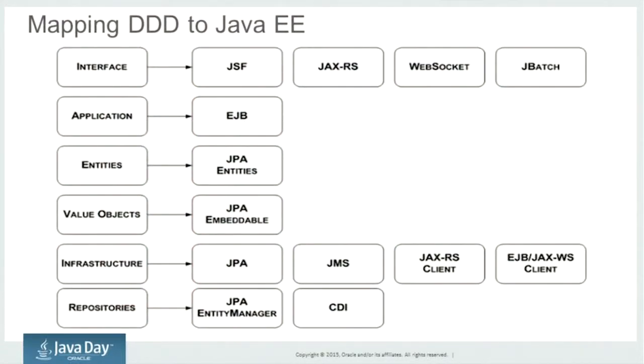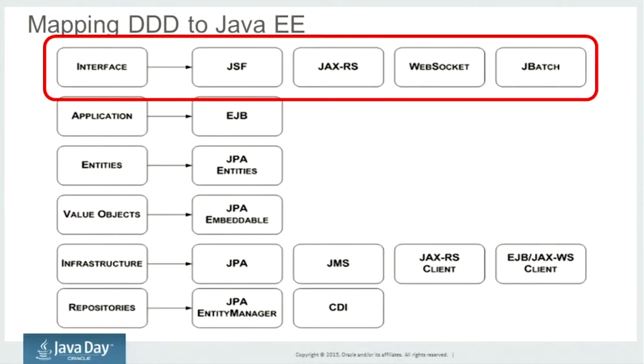Next, I want to talk about how these high-level architectural concepts in domain-driven design apply to Java EE. As I said, because Java EE and domain-driven design have a lot of philosophical things in common, you can actually make direct mappings of domain-driven concepts to Java EE constructs. This is a high-level diagram of how you could do that.